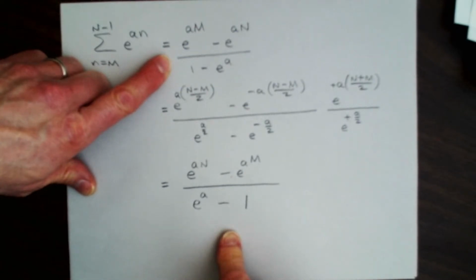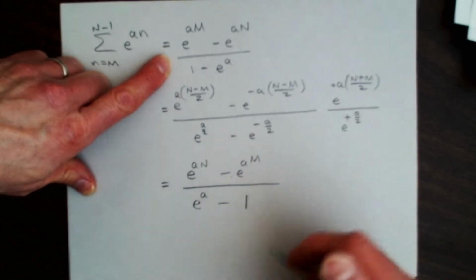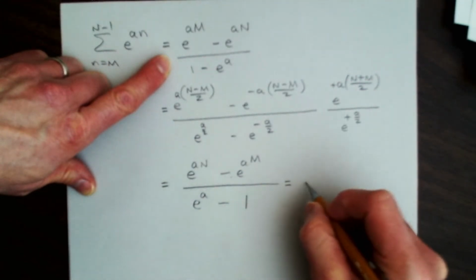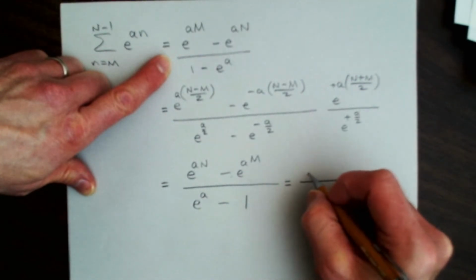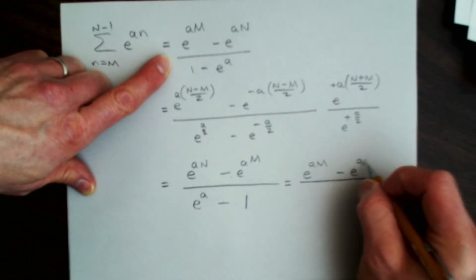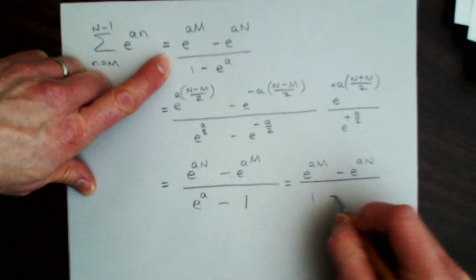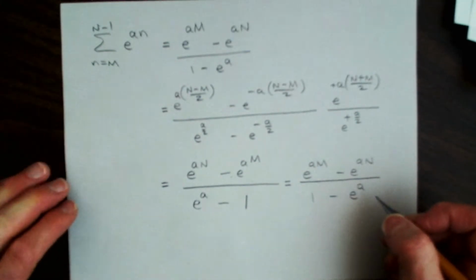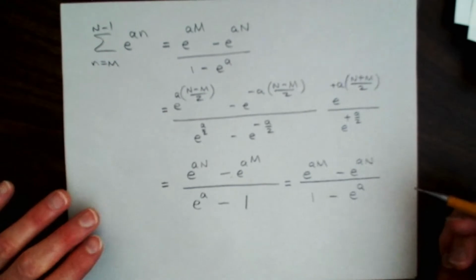And you can see that these actually are equivalent. They look a little different, but they're equivalent, because if I multiply top and bottom by -1 and rearrange the terms, I'll have e to the am minus e to the an, and then 1 minus e to the a, which is the same.